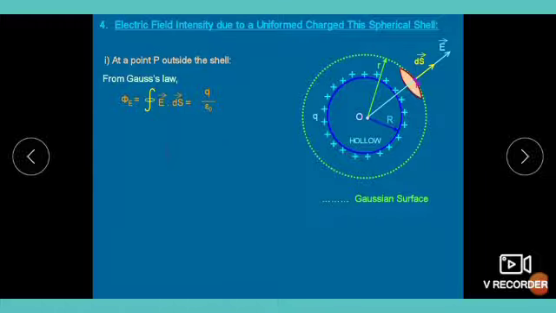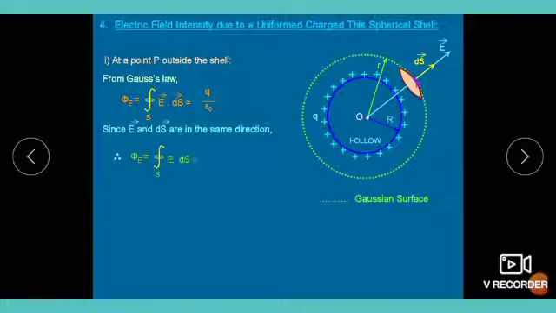E bar along this spherical Gaussian surface remains the same because it obeys the inverse square law. The radius of the sphere is constant, so according to the inverse square law E is constant for the given amount of charge, leaving only the integral of ds, because cos theta, with theta equal to 0, is 1. The closed integral over the surface area is nothing but 4 pi r square.